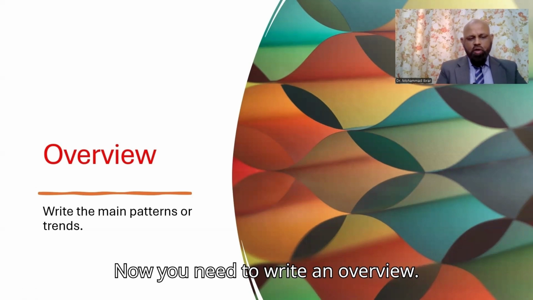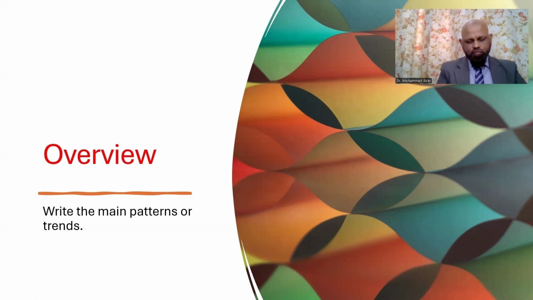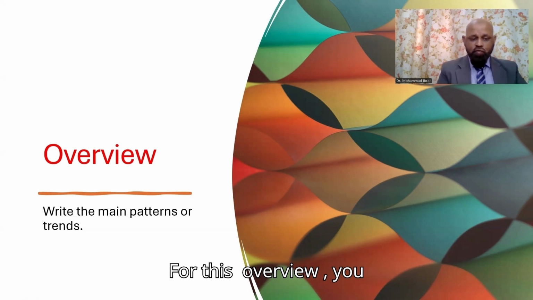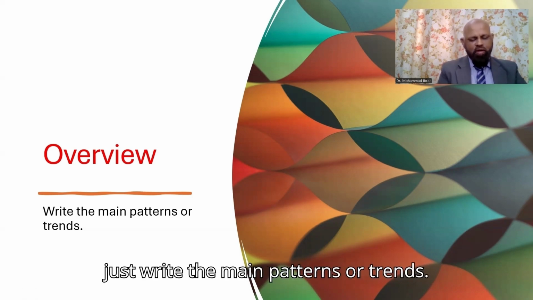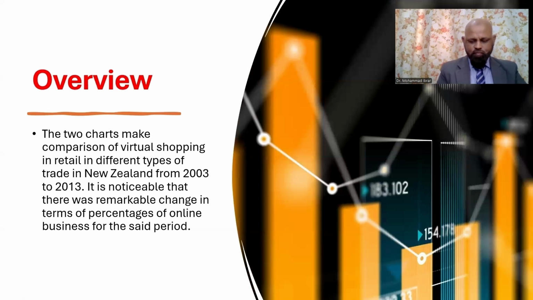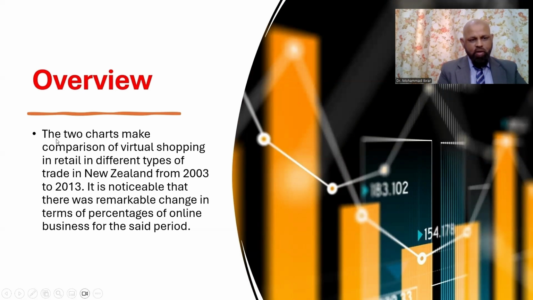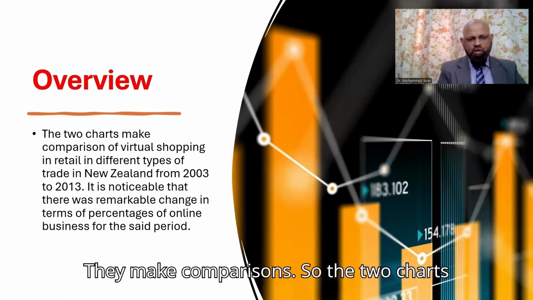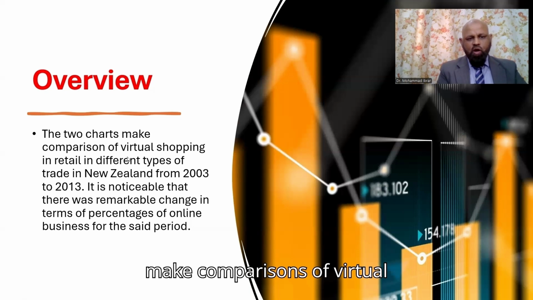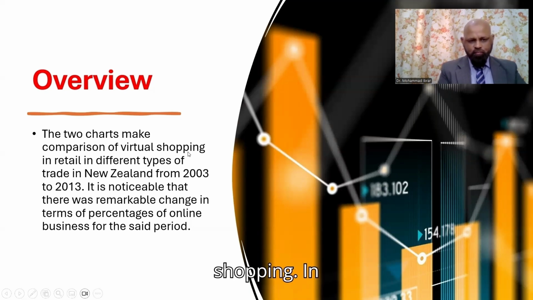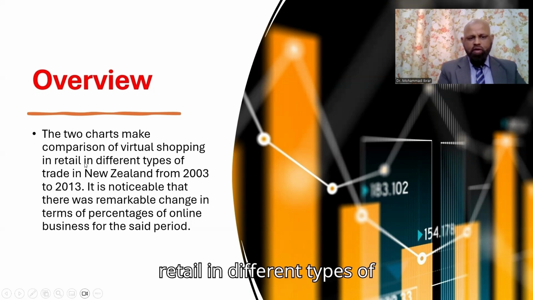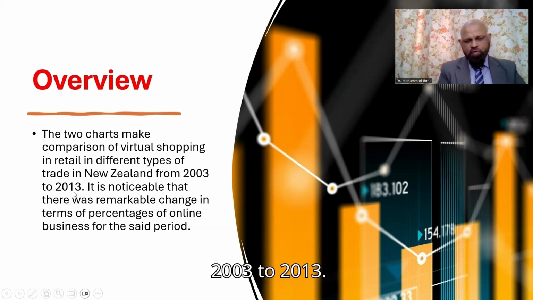Now, you need to write an overview for this. In the overview, you just write the main patterns or trends. Okay, so let's have a look. The 2 charts make comparisons of virtual shopping in retail, in different types of trade in New Zealand from 2003 to 2013.